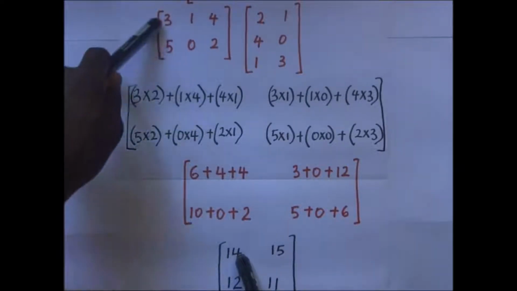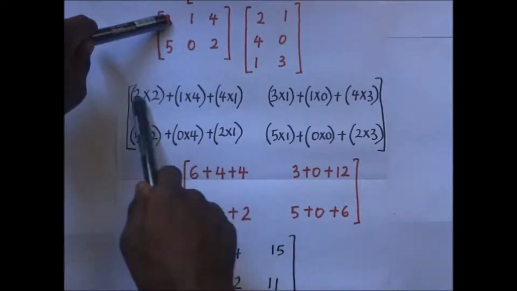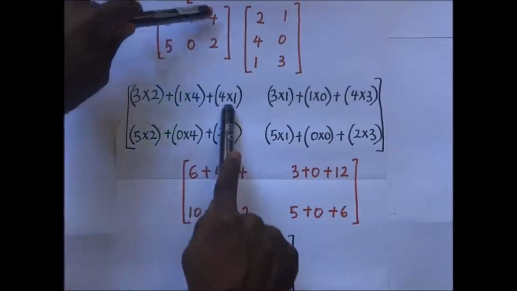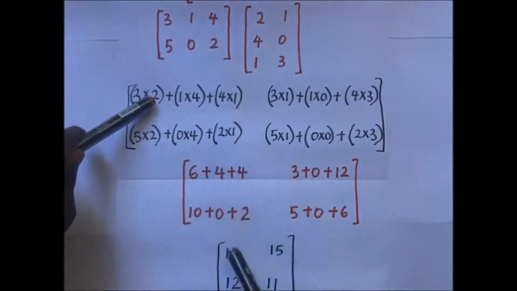So it means we multiply this by that, which was 3 times 2, then 1 times 4, then 4 times 1 to get this answer.